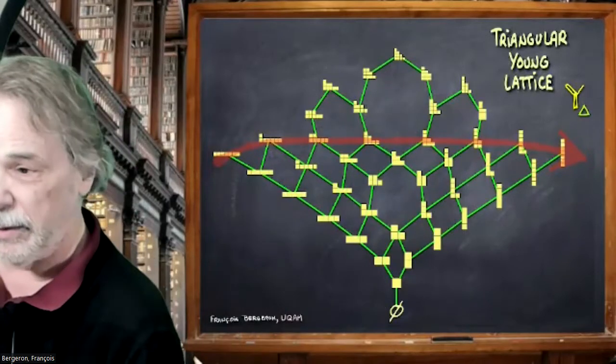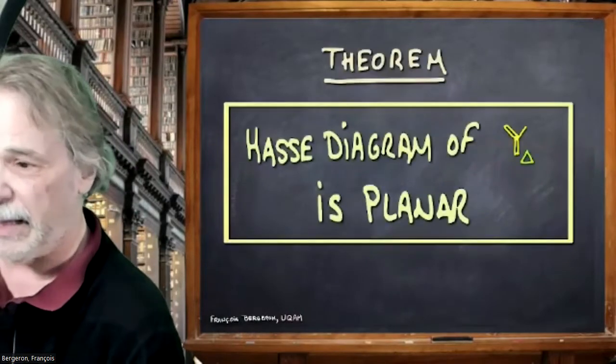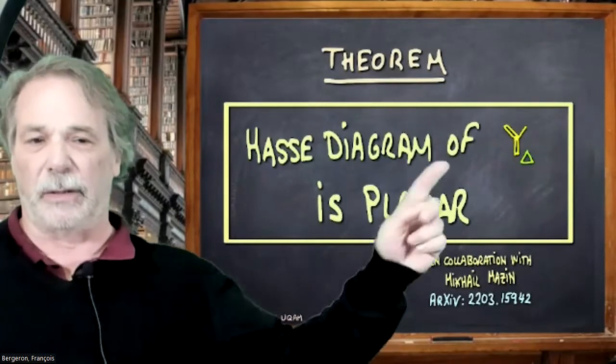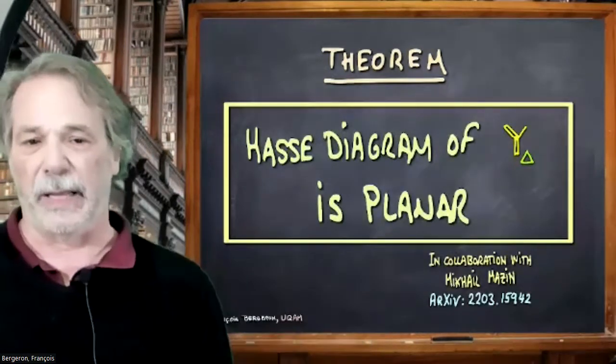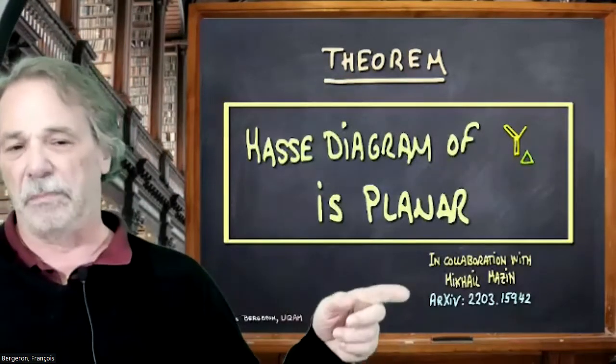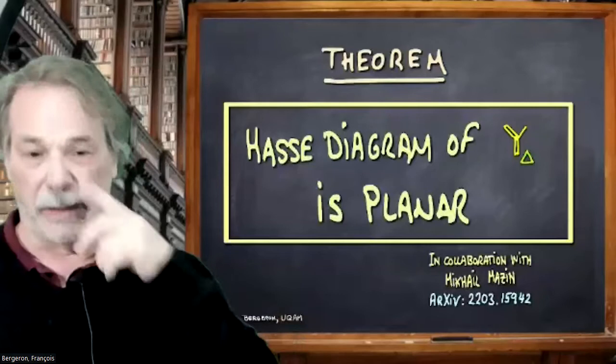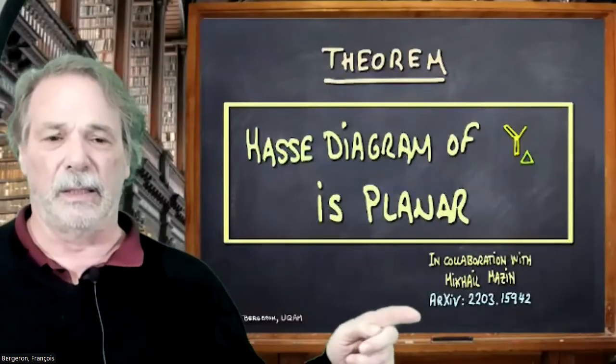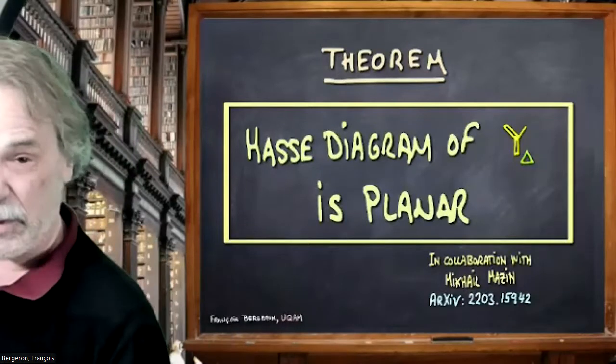And that's a nice result: the Hasse diagram of the triangular Young lattice is planar, and you can see more about the proofs of this and other properties in a paper with Michael Mazin that's on arXiv.